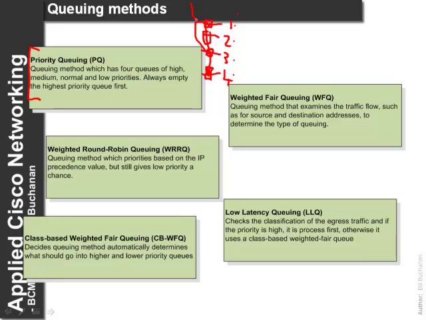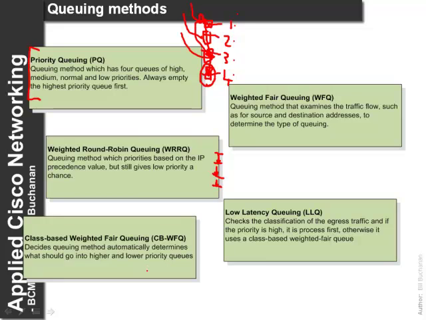This is excellent for prioritizing voice traffic, which might be in the high queue, but unfortunately the data traffic can feel starved, especially if there are many higher priority data streams coming in. One way around this is to go for a weighted round robin queue. With this, we can have our priorities defined, but we give the opportunity for the lowest queue to still be serviced.